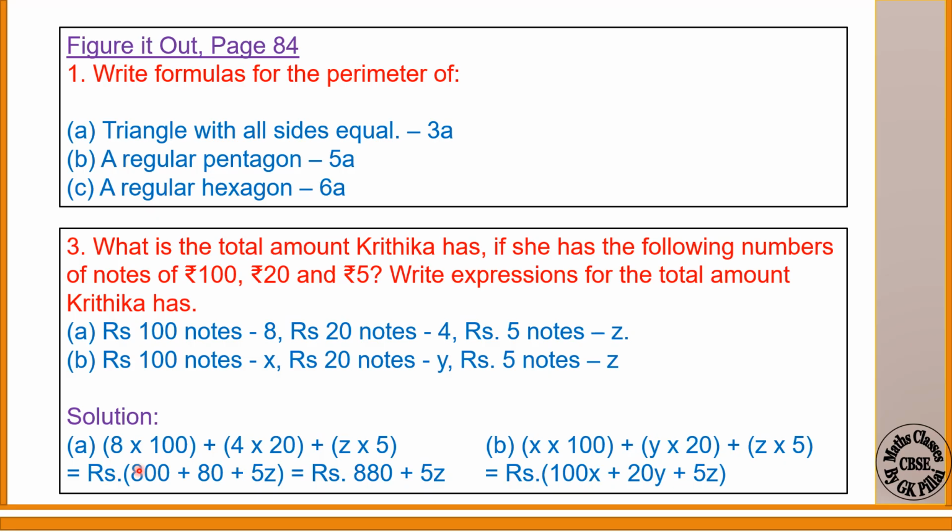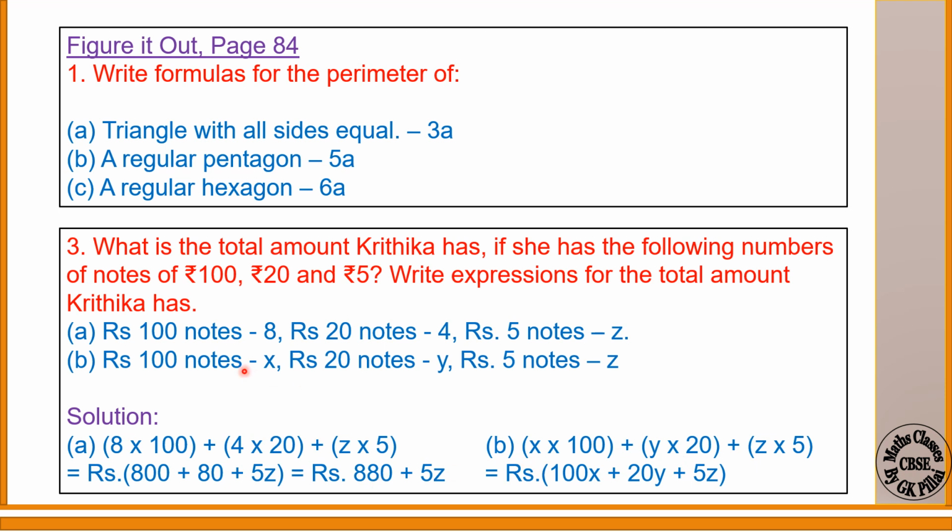So the value of the notes will be 8 into 100 plus 4 into 20 plus 5 into Z. Here there are no variables, so that is why we have added. This is 800 and this is 80 and this is 5Z. So it will be rupees 880 plus 5Z.